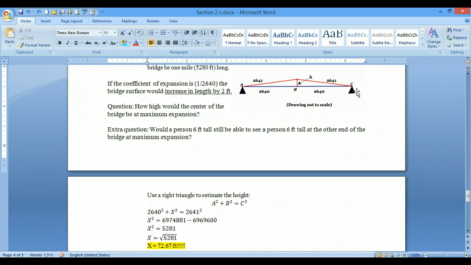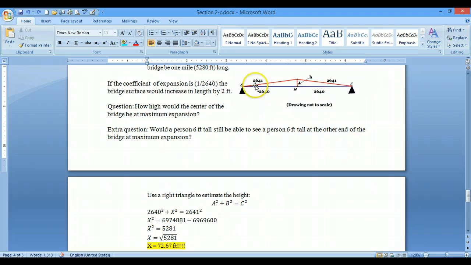We want to know how high it is. Now, if it's 5,280 feet long and it expanded in length by 2 feet, then I already know the hypotenuse in this one because I have 2 feet longer. So I have 1 foot of length on this side and 1 foot of length on this side.